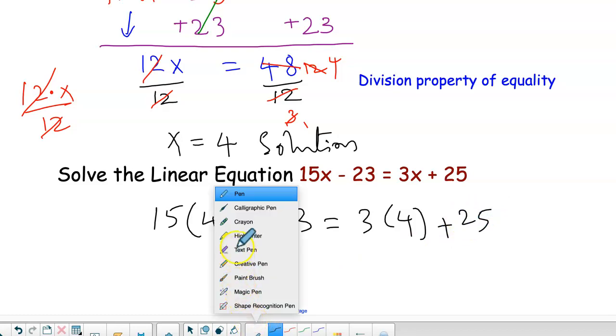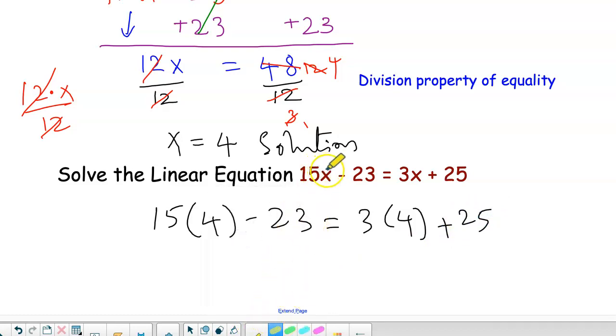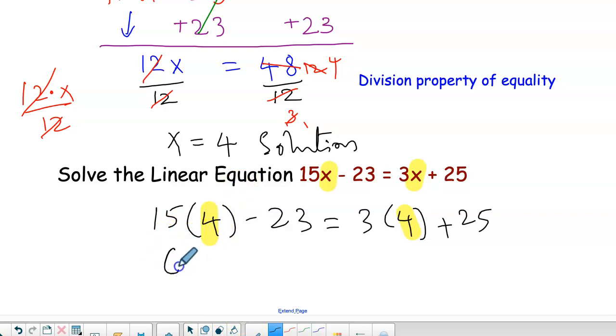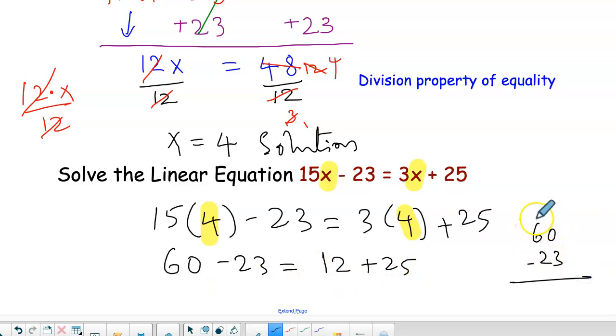What did I do here? This x is substituted by 4, replacing x with 4 because the value of x is equal to 4.